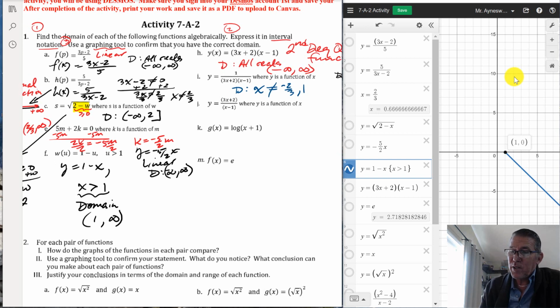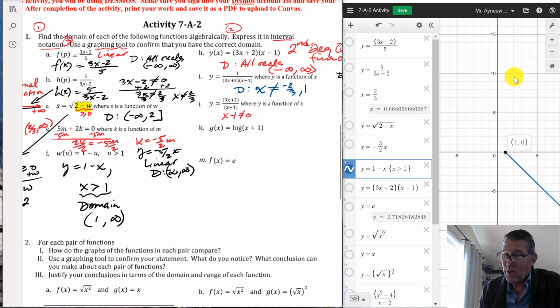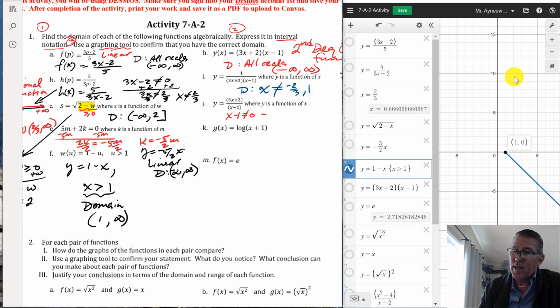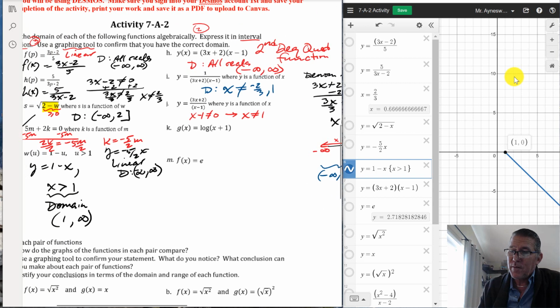This is another rational function, and if you just look at the denominator here, x minus 1, that can't be equal to 0, which tells you that x can't be 1, because 1 minus 1 is 0, and you can't divide by 0, man. No way. All right, so this tells you that x can't be equal to 1, and that's the domain. So to describe this, if you want to graph this, here's 1, let's say.